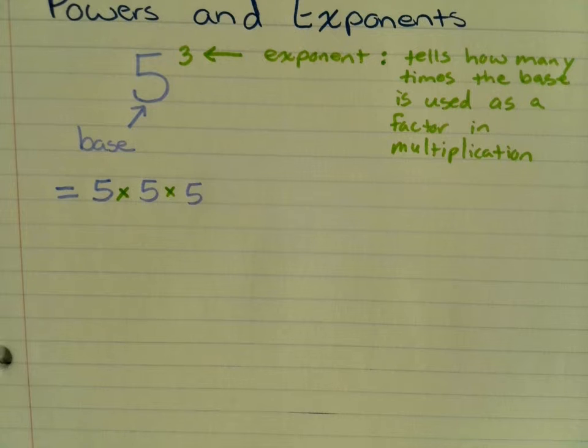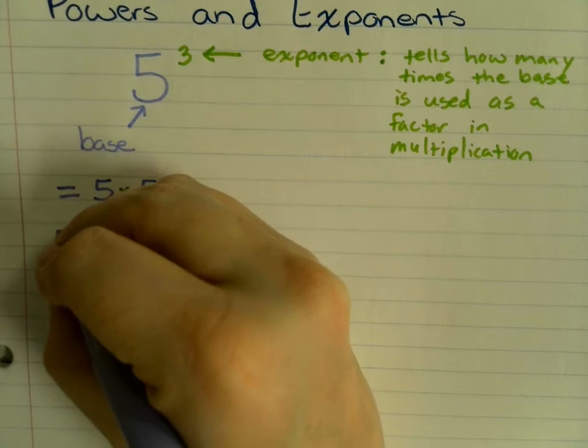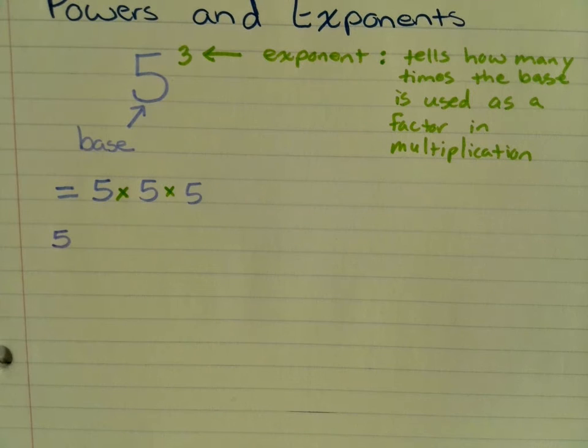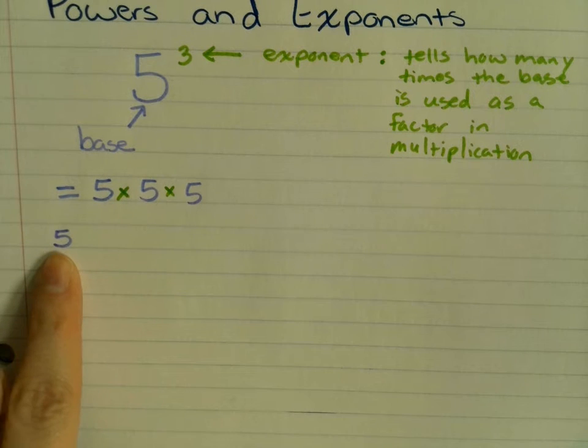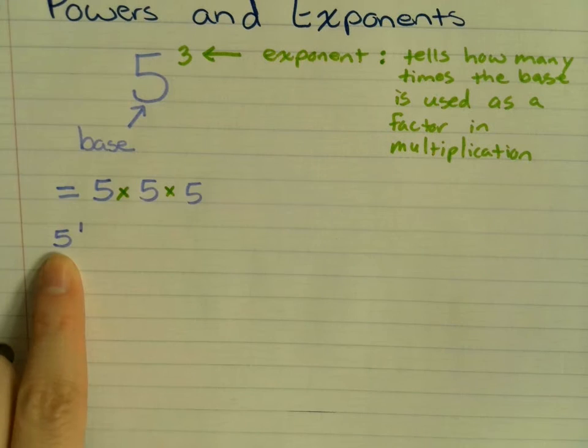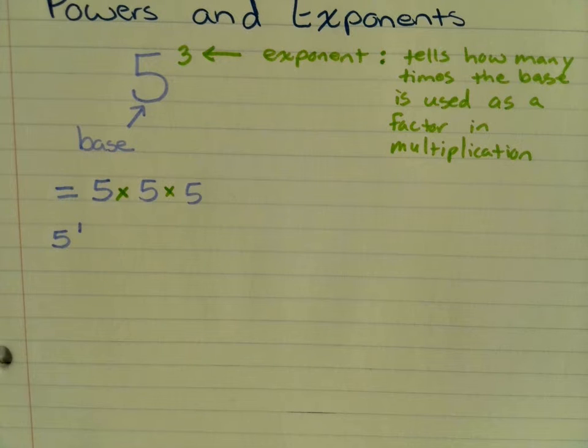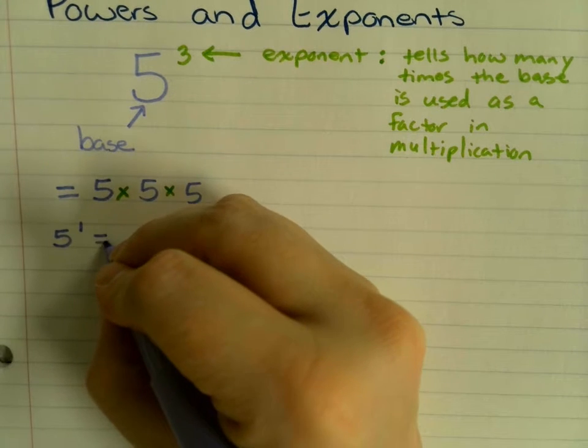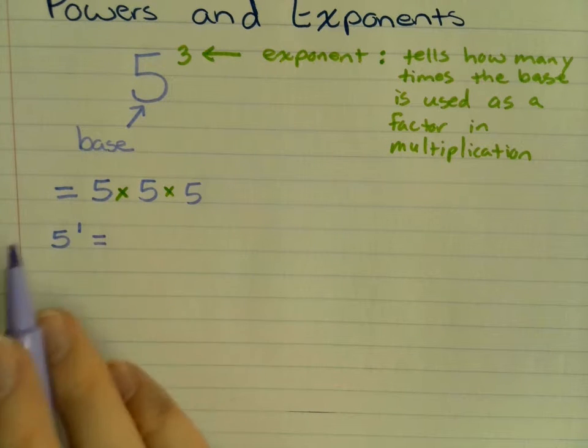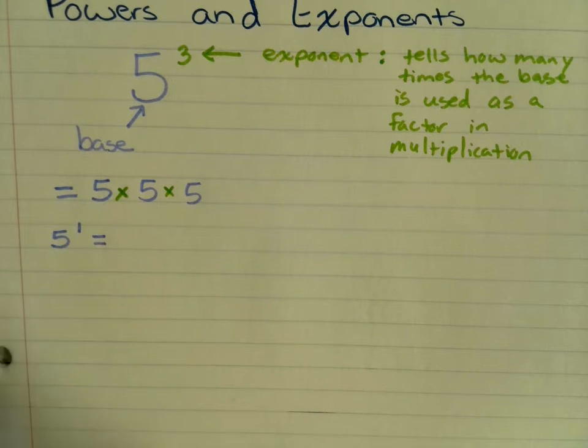When we are reading out a number in exponent form, every number has an exponent. If I just write 5, that automatically has an exponent. The exponent here would be a 1, which in the video they said really didn't do anything. It didn't have any kind of power to it because it just kept the number as it was. It kept the base. So every number has an invisible exponent written, and that's one of the things that we have up on our invisible math board in the back.